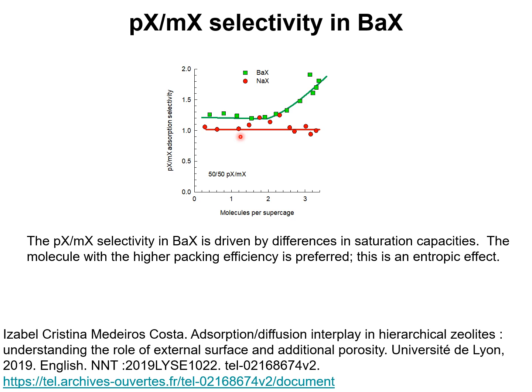In comparison, the data for NaX zeolite shows that the selectivity for para-xylene and meta-xylene are just about equal.